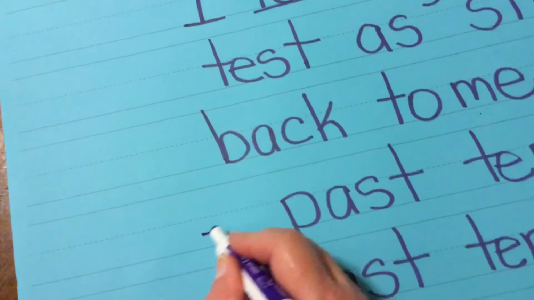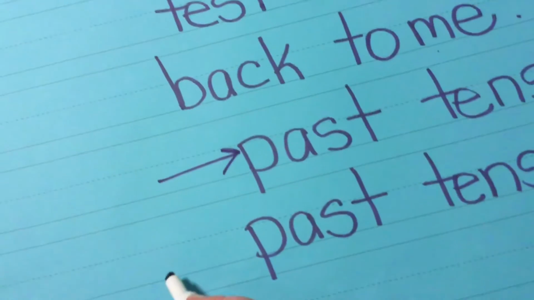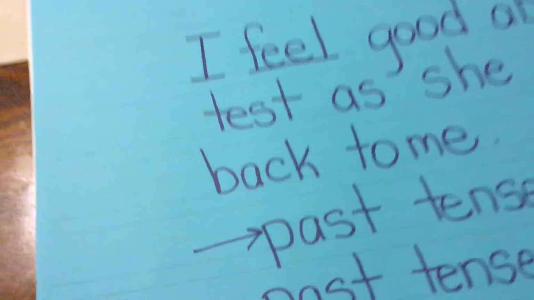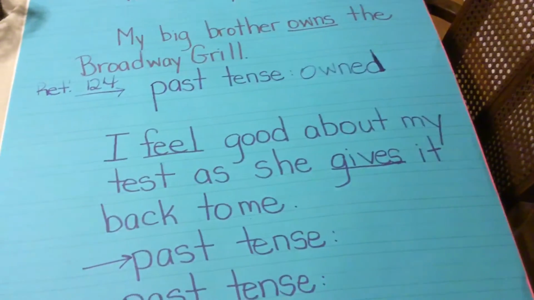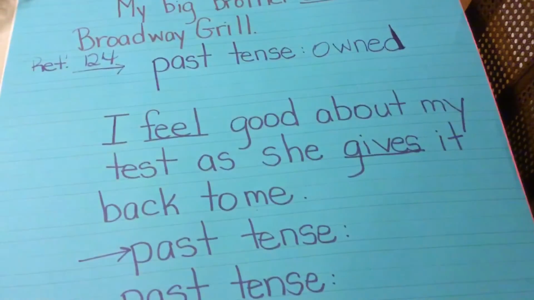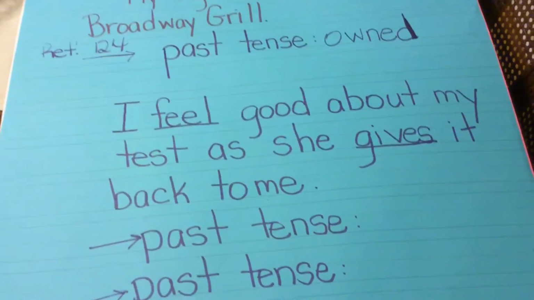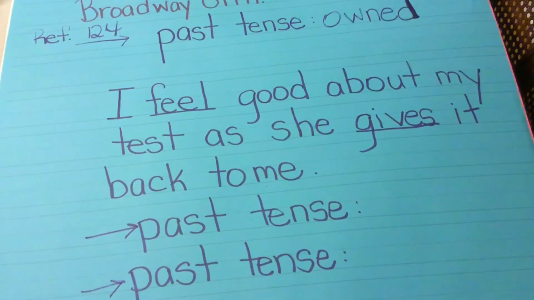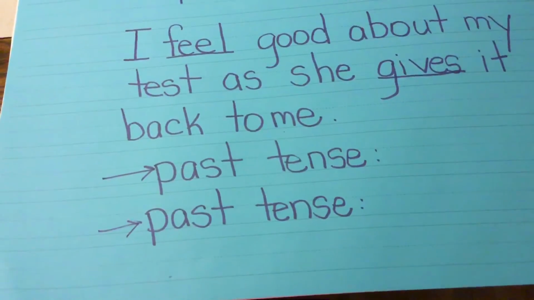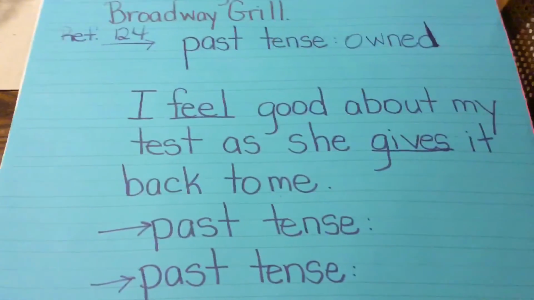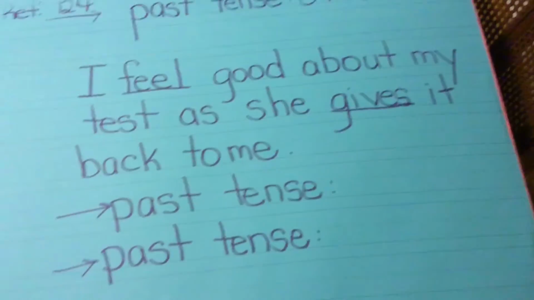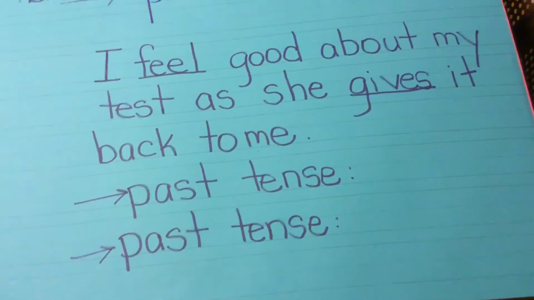Okay. So the next two is going to be on that same MobyMax assignment. I feel good about my test as she gives it back to me. You're changing feel and gives into past tense. Think about it. Is it regular or irregular verb? And by the way, it needs to be spelled correctly too.